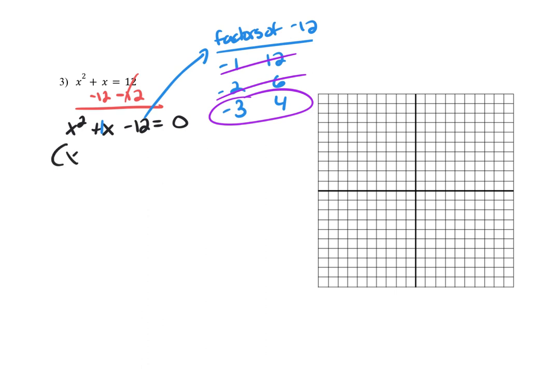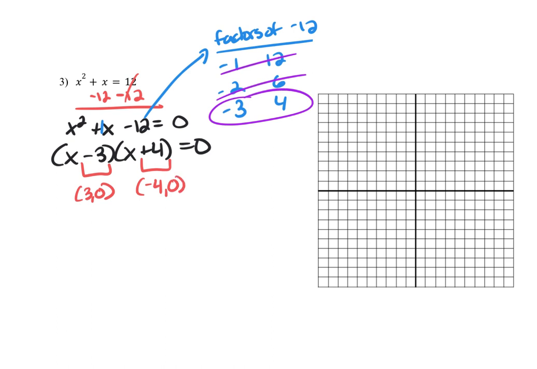So those are my factors for my factored form, aka intercept form. So I have (x - 3)(x + 4) = 0. This gives me my intercepts, inside, opposite. So 3 is the point (3, 0), and -4 is the point (-4, 0).